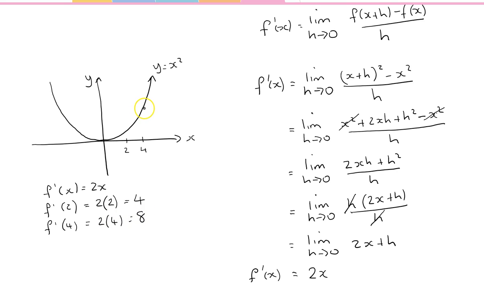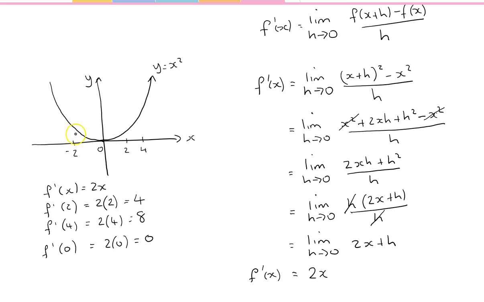So as you can see, the graph is getting much steeper up here. What about at this point, when x is equal to 0? We have got a gradient 2 times 0 of 0, and that's what we expect. The tangent to the curve at that point is a horizontal line, and that has a gradient of 0. Let's just double check.